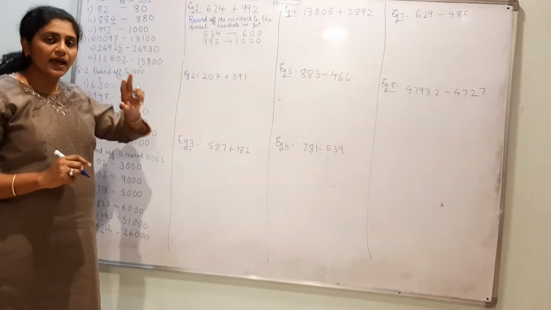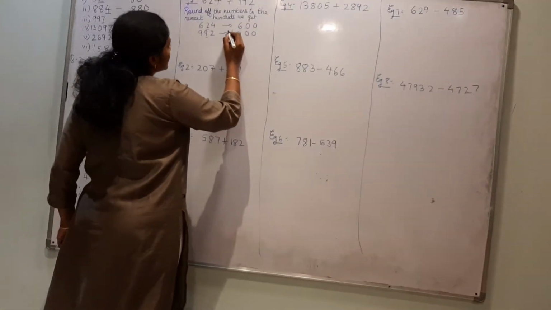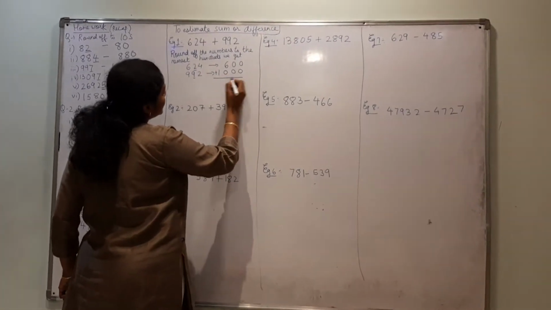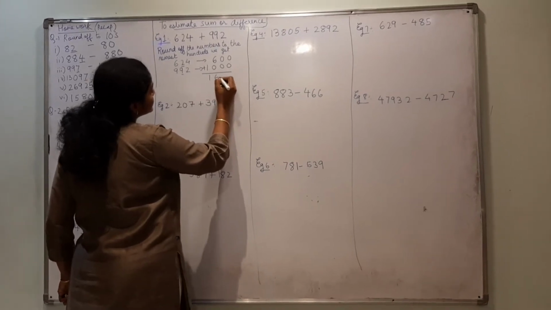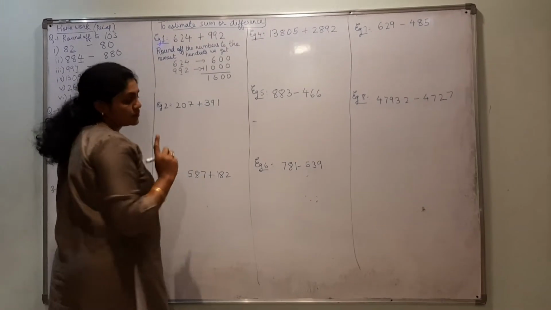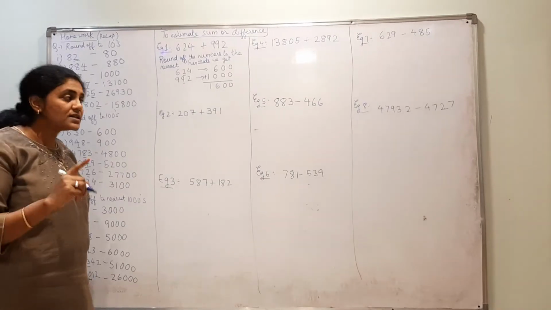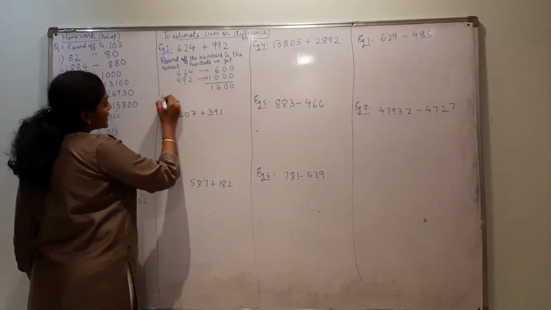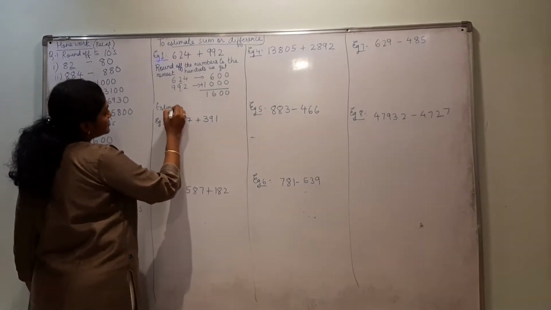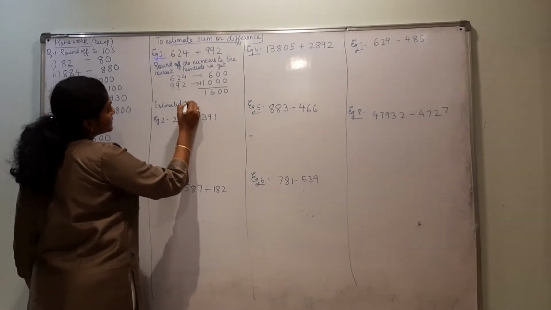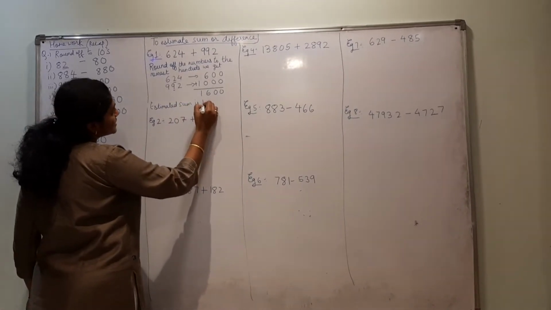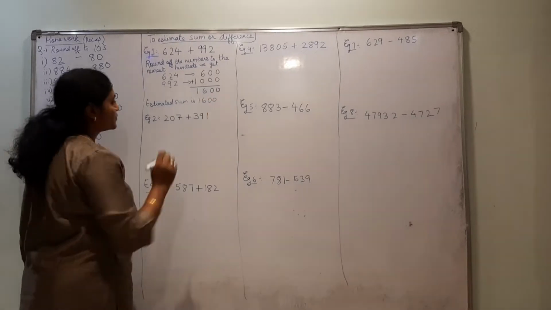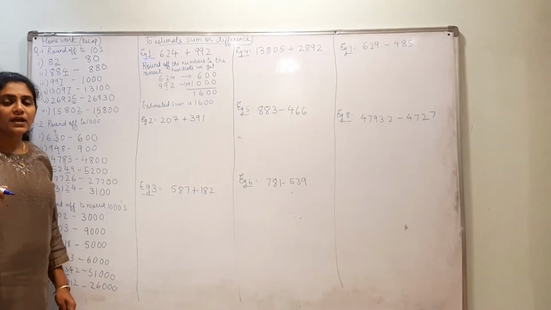Now I will add it. So if you add, this will be 1600, right? So you have to write estimated sum is 1600. Okay.